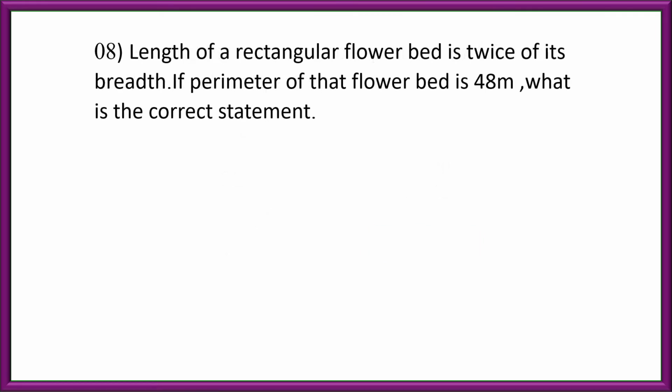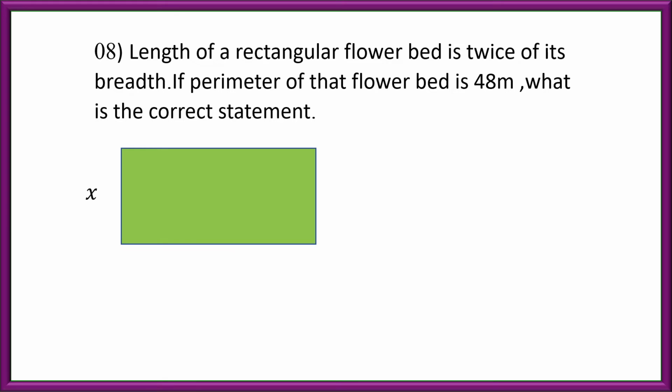Question number 8. The length of a rectangular flower bed is twice its breadth. If the perimeter of the flower bed is 48 meters, what is the correct statement? Let's take the breadth of this rectangular flower bed as x. Then the length should be 2 times x. Then we can build up an equation for the perimeter of this rectangular flower bed.